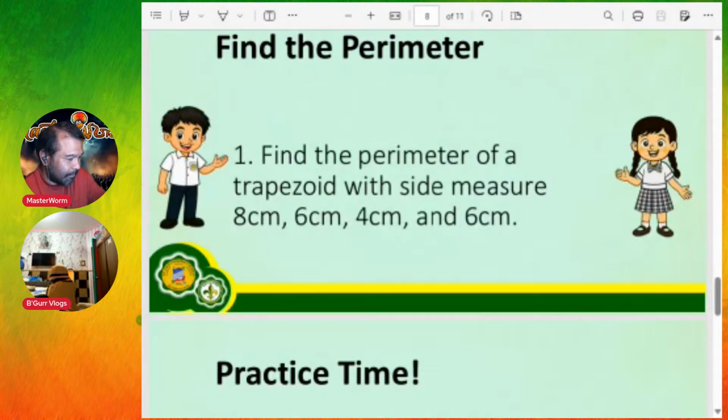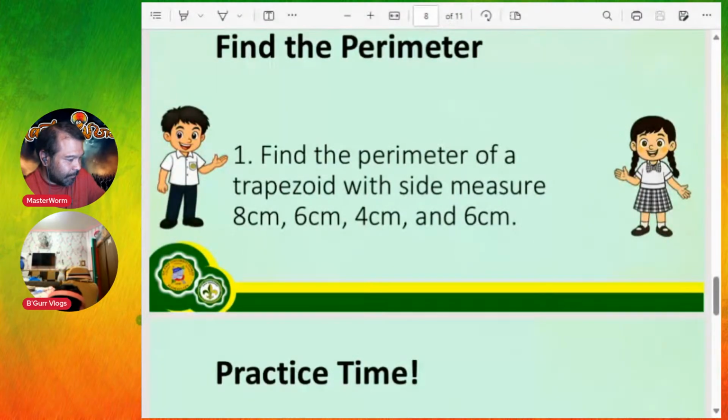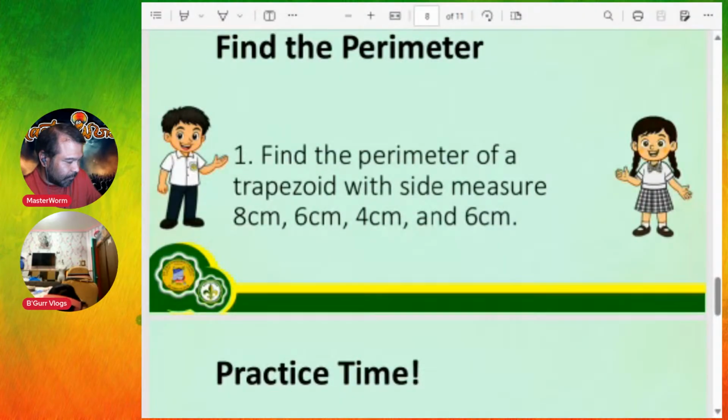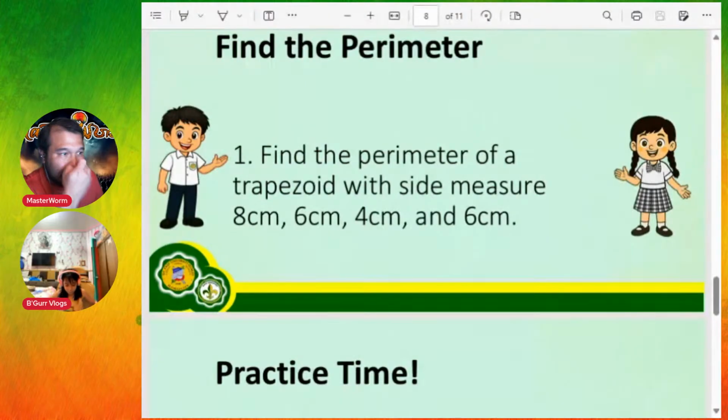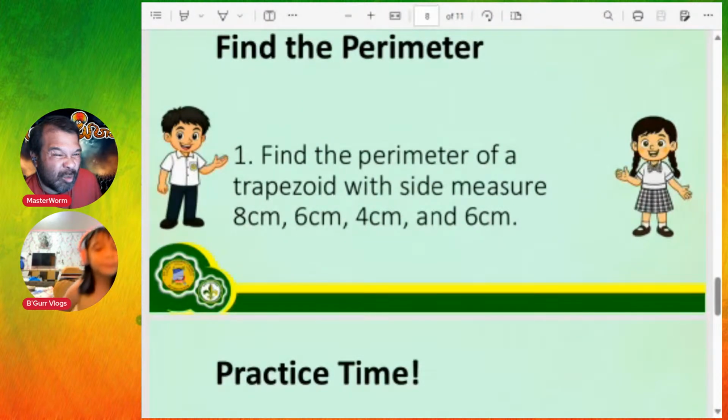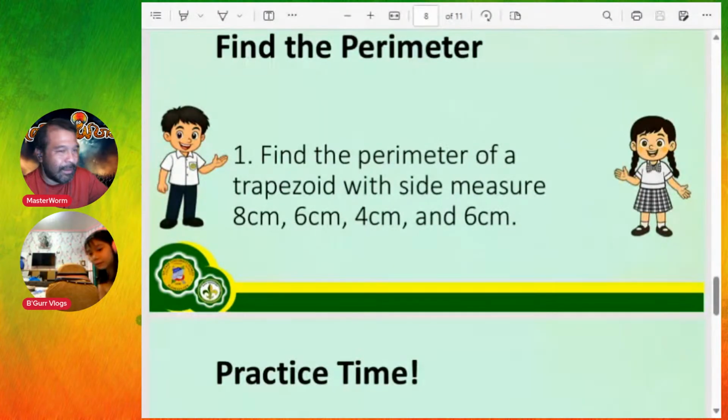Thank you. Ready? Yes, Daddy. Okay. So let's find the perimeter here, baby.